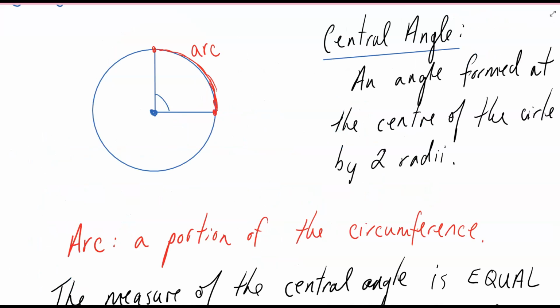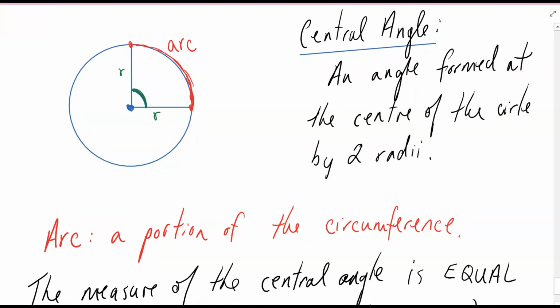Okay, one more feature of a circle is that the angle formed at the center of a circle and bound by two radii, which are here and here, is called a central angle. That's this angle in here. And it forms an arc from its endpoints, all right?